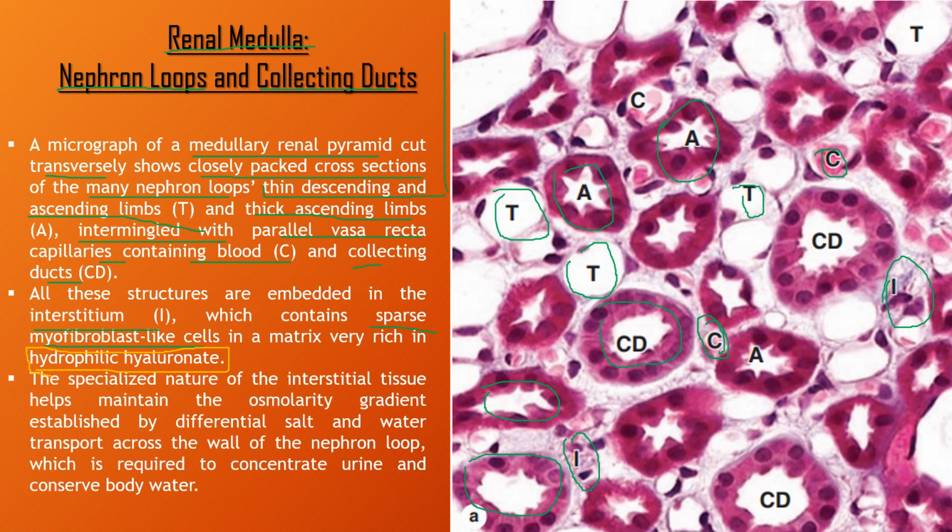The specialized nature of the interstitial tissue helps to maintain the osmolarity gradient established by different salts and water transport across the walls of the nephron loop, which is required to concentrate urine and conserve body water.